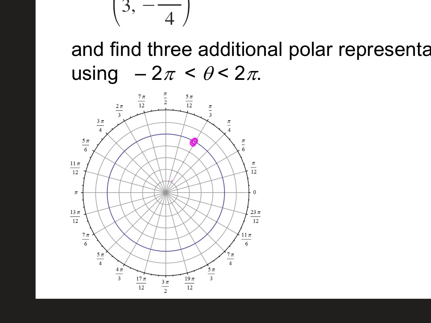If I want my R value to stay at 5, I have to go around 1 whole circle. You guys agree with me? So I'd have to add 1 whole circle to my angle. I'd have to add 1 whole 2 pi. If I want my value to go from positive over here to the negative, am I adding a whole circle? What am I adding? A half a circle.